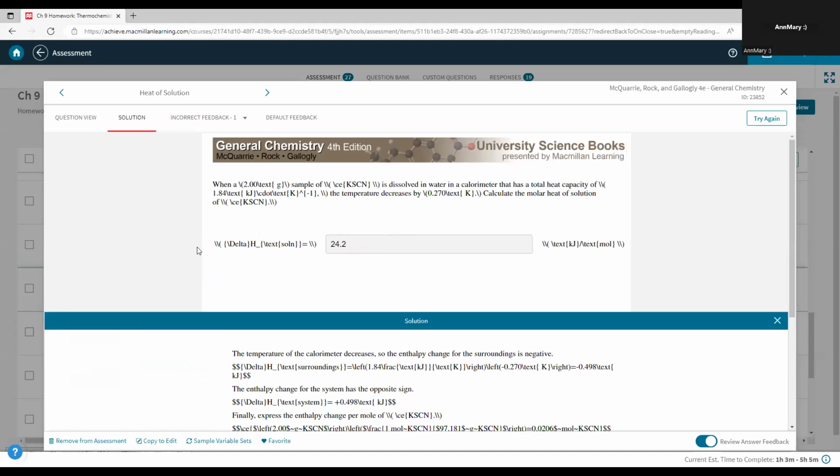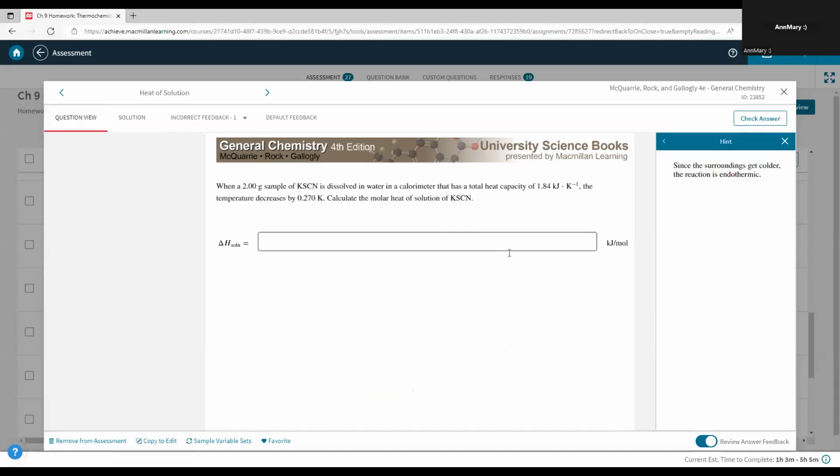So 19. Here it says you've got a 2-gram sample of KSCN dissolved in water in a calorimeter that has a heat capacity of 1.84 kilojoules per Kelvin. The change in temperature was 0.270 Kelvin.